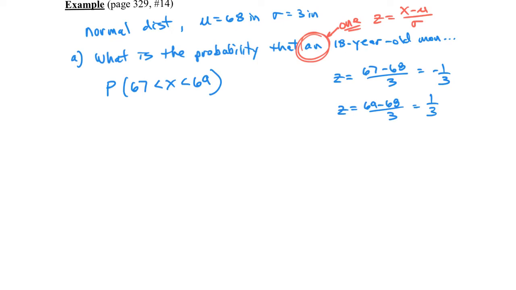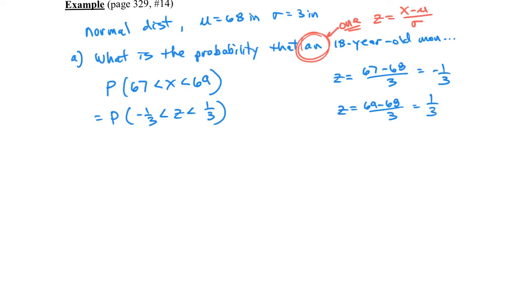Positive 1/3. So basically we really want to know what's the probability that negative 1/3 is less than z, which is less than positive 1/3. So again, this one being below the mean, it's going to be negative. And this one being above the mean is going to be a positive z-score.